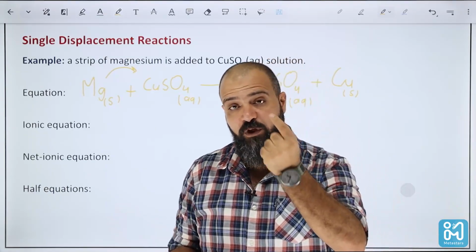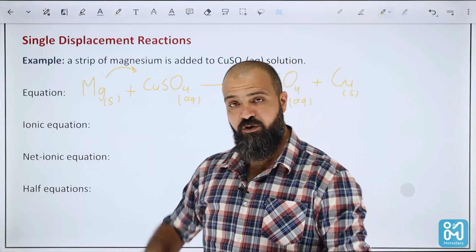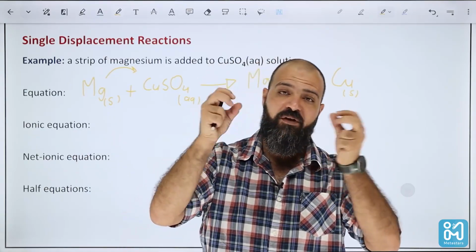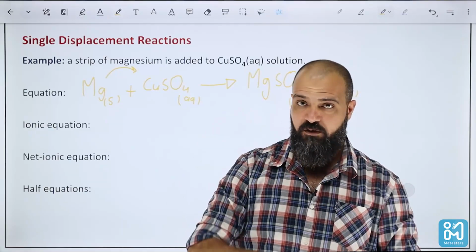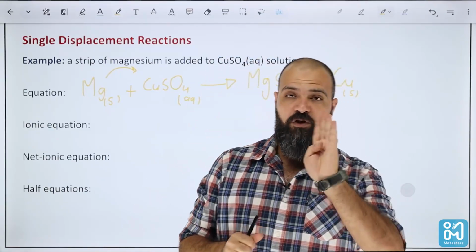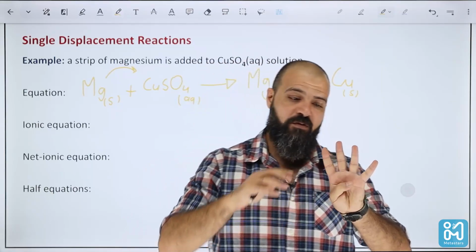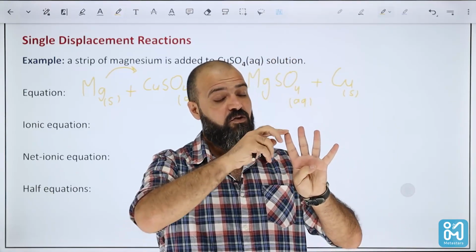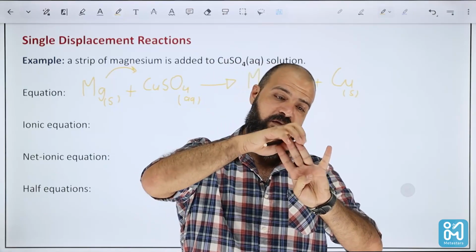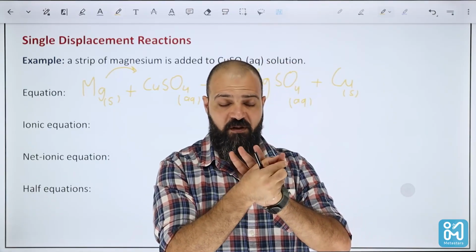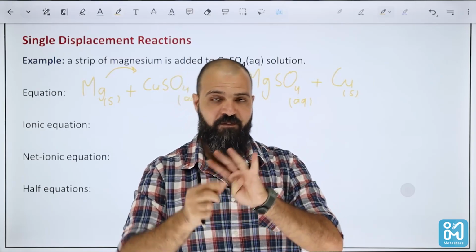The only thing we have to do to write an ionic equation, any aqueous substances, we have to break them into ions. And be careful about a small note, write it down. To write an ionic equation, you have solids, liquid, gases, and aqueous substances. Solids, liquids, gases, you keep them the same. Aqueous substances, you have to break them down into ions.